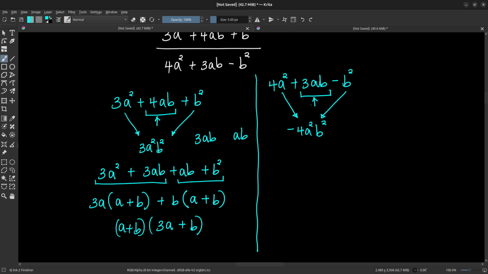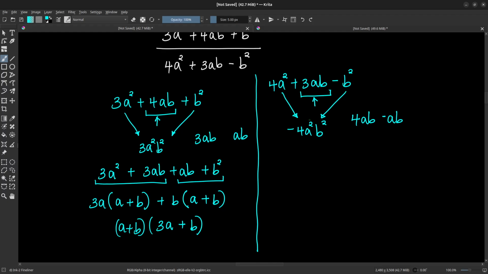In this case, those two terms are going to be 4ab and negative ab, so that when we multiply 4ab and negative ab, we get negative 4a squared b squared, and when we add these two terms, we get 3ab.